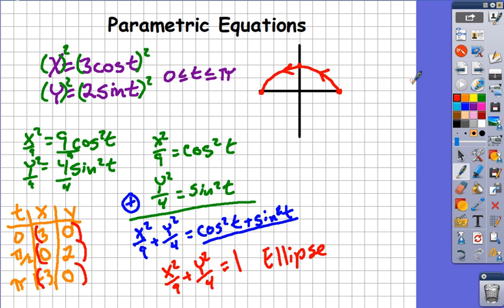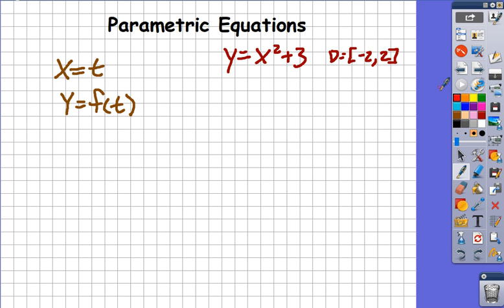The other thing I want to share with you really quickly before we finish this video is how to go the other direction. Let's imagine we've got an xy coordinate plane equation and we want to write it as a parametric equation. The funny thing is there are infinitely many ways to do that, but there are some easier ways to go.